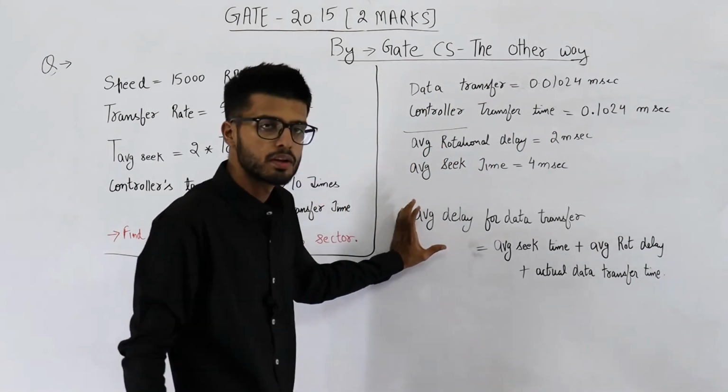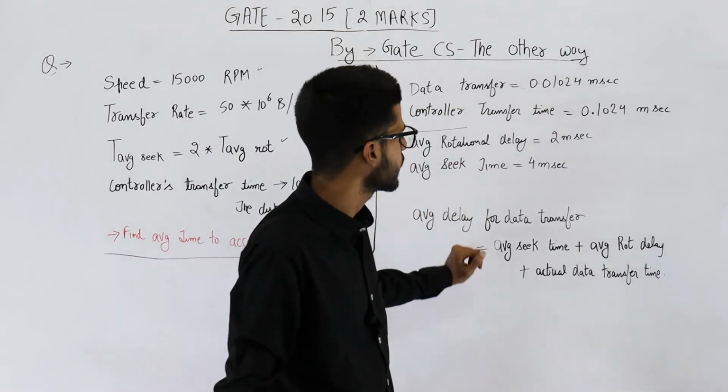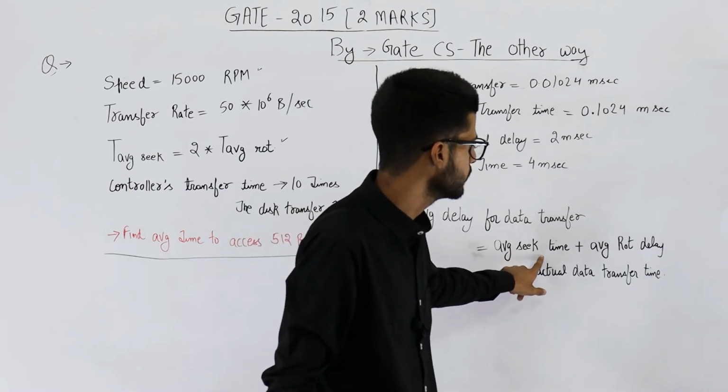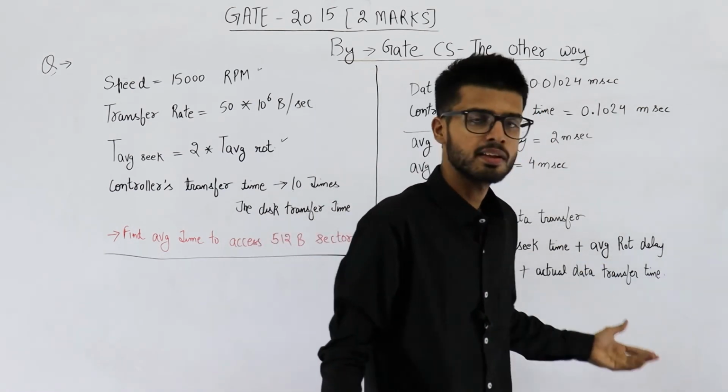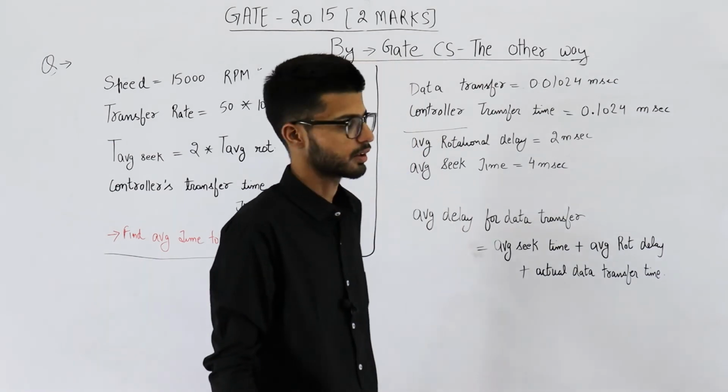So you already know this formula: the average delay for data transfer will be the average seek time plus the rotational delay plus the time required for actually transferring the data.